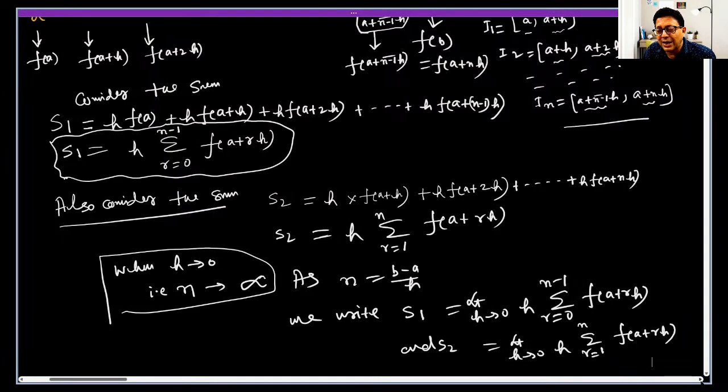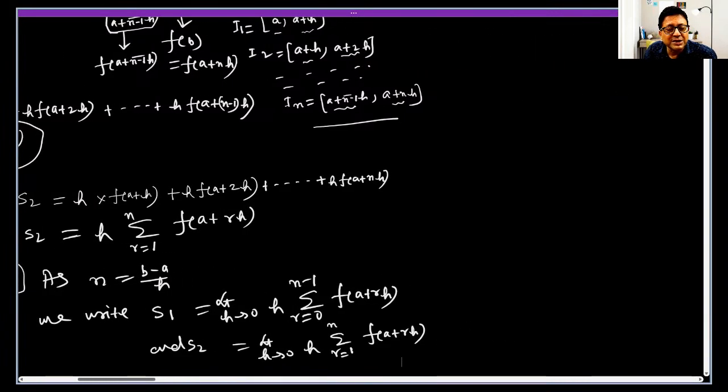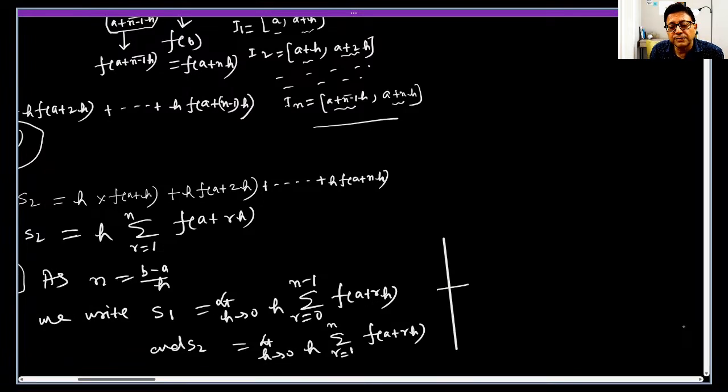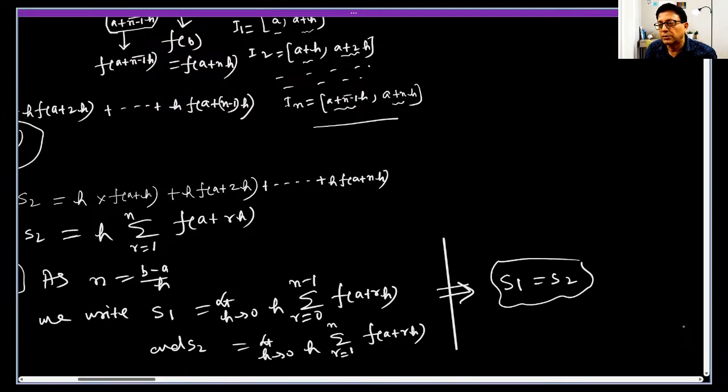S1 equal to this and S2 equal to this. In the limiting case, when h is tending to 0, then under this condition S1 is going to be equal to S2. Or you assume that we are making S1 equal to S2 to work over there.